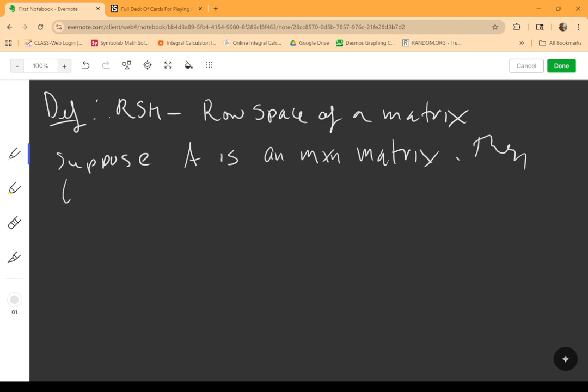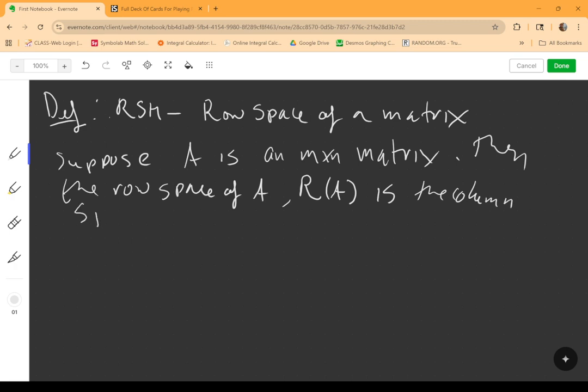Then the row space of A, which we'll define as R(A), is the column space of A transpose.